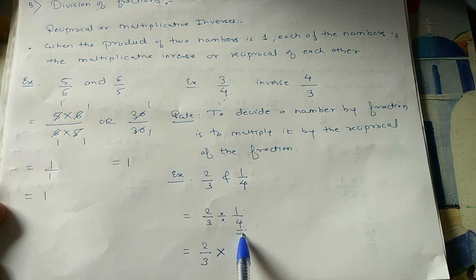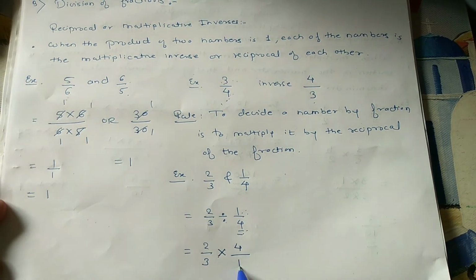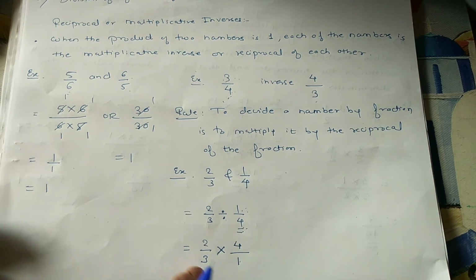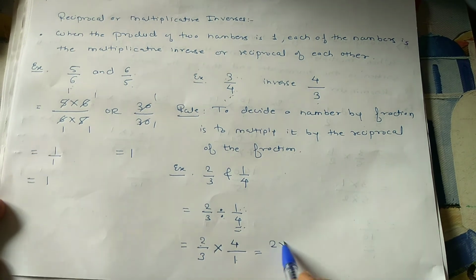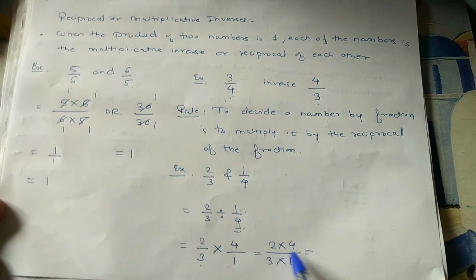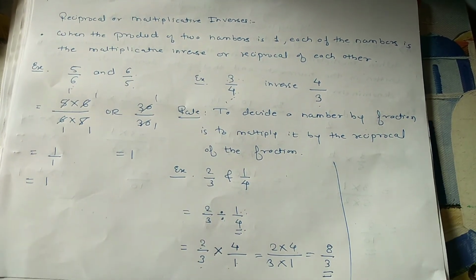Here 4 is at the denominator, so it becomes the numerator, and 1 is at the numerator, so it becomes the denominator. The reciprocal of 1 upon 4 is 4 upon 1. Then we know how to do the multiplication: numerator into numerator, 2 into 4, upon denominator into denominator, 3 into 1. So 4 twos are 8 upon 3 ones are 3.